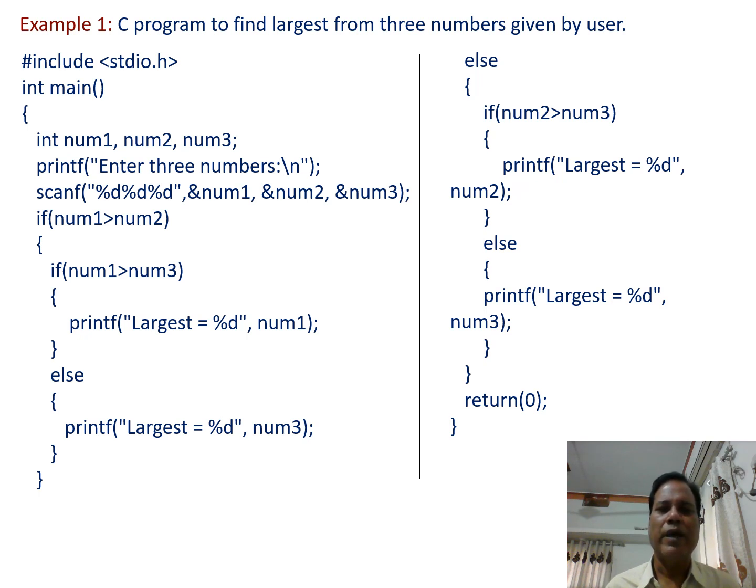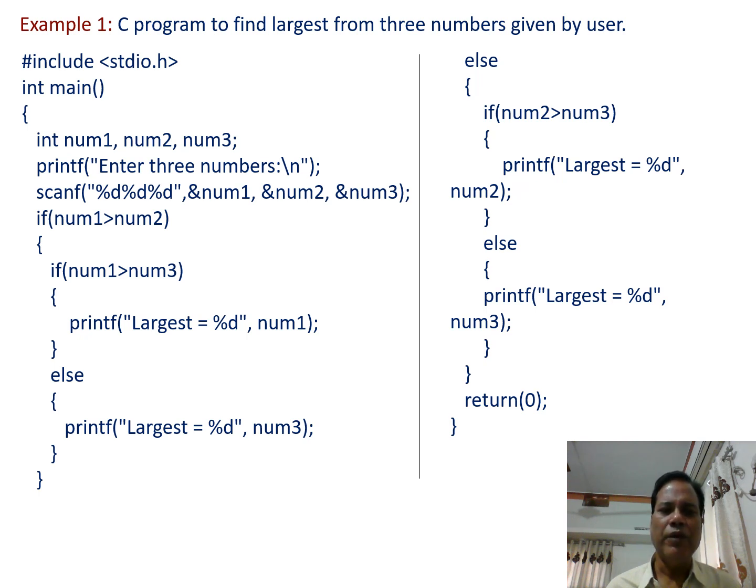Then printf, enter 3 numbers. This prints the message on the output screen, whereby we enter the 3 numbers, and those 3 numbers are taken in by the scanf function and stored in the variables num1, num2 and num3.